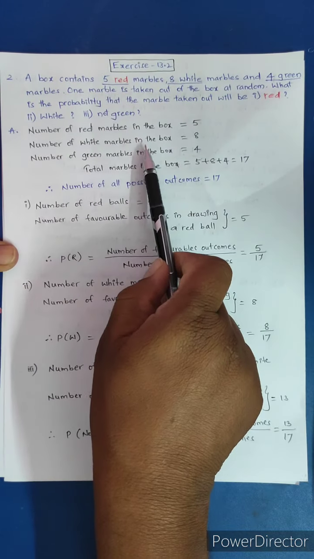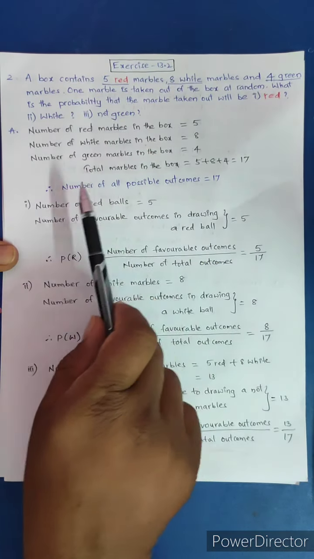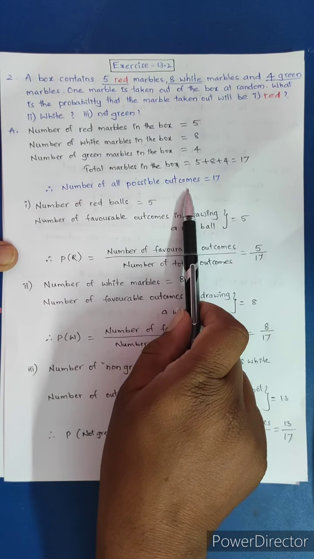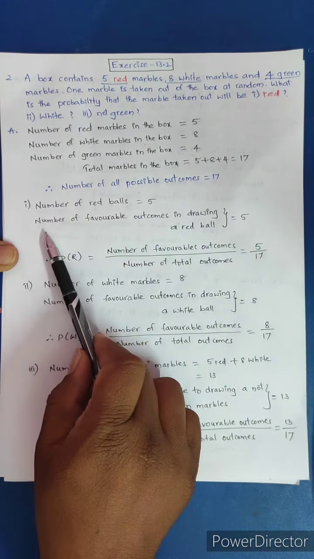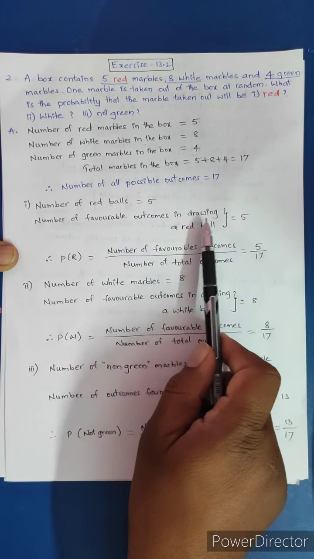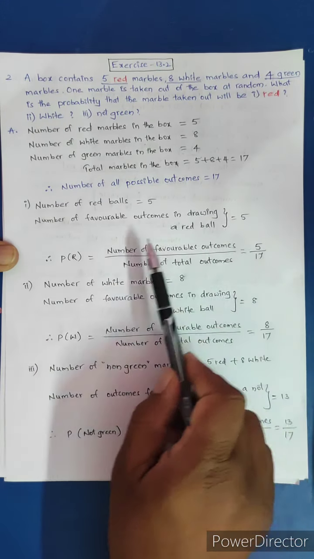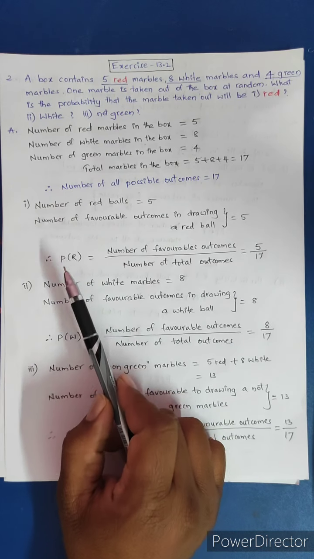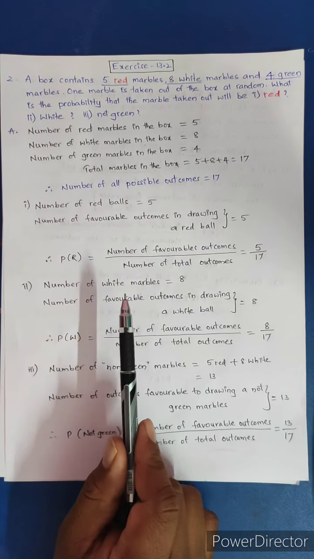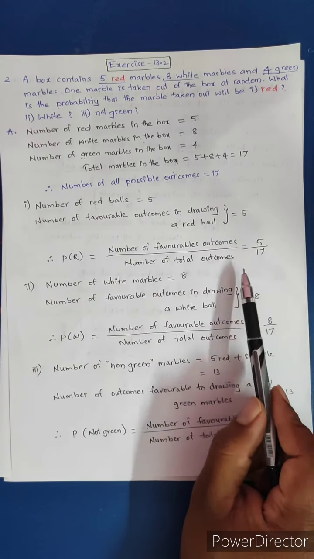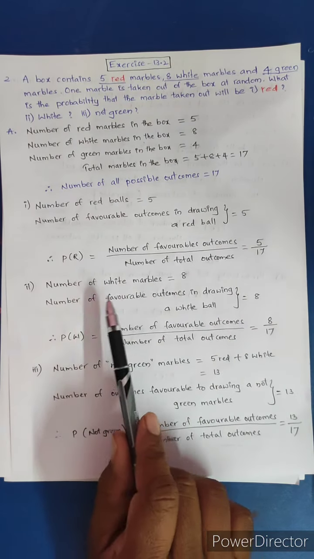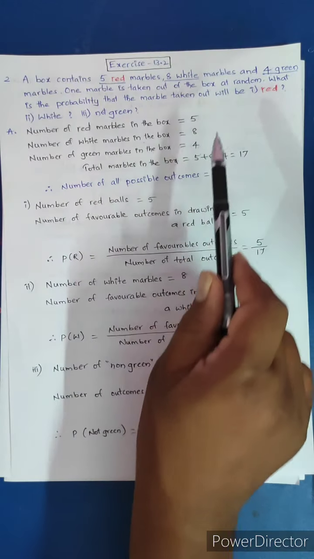As it is in the problem, same as it is, I copied. Number of all possible outcomes 17. Number of red balls 5. So number of favorable outcomes in drawing a red ball is equal to 5. Probability of getting a red ball is equal to number of favorable outcomes by total outcomes equal to 5 by 17. Number of white marbles, 8 white marbles.